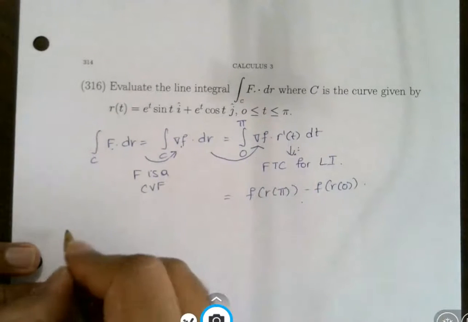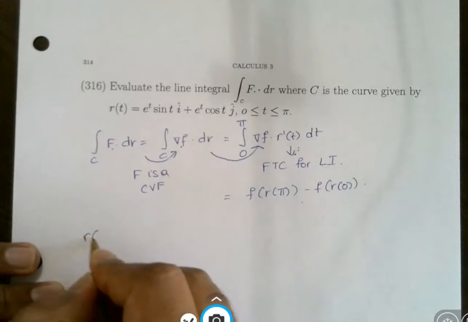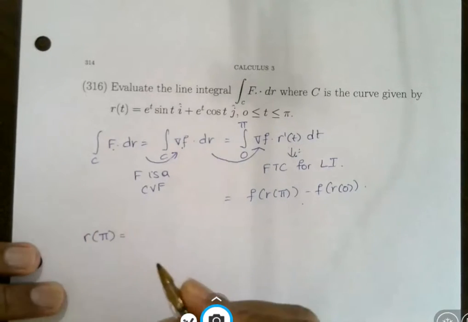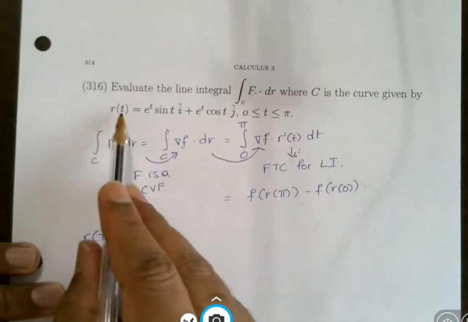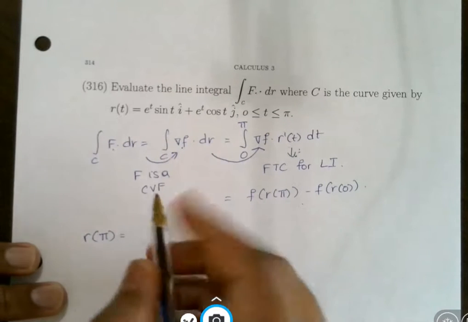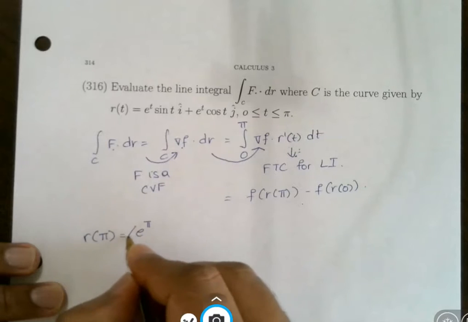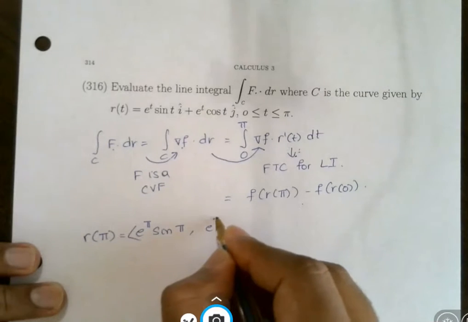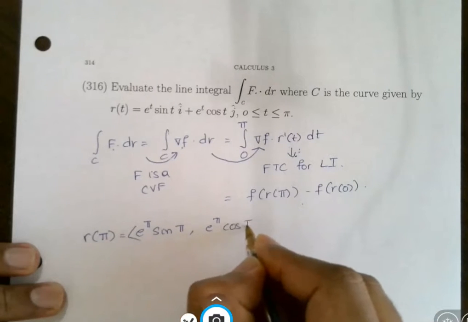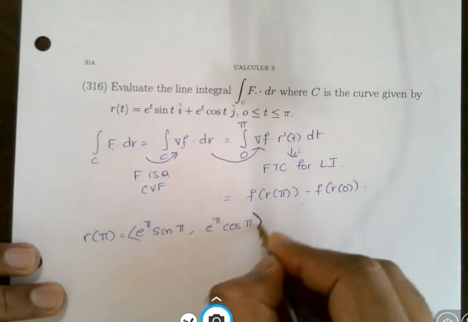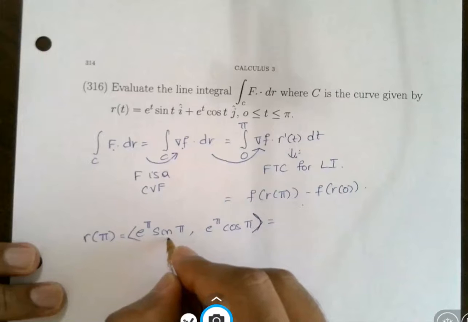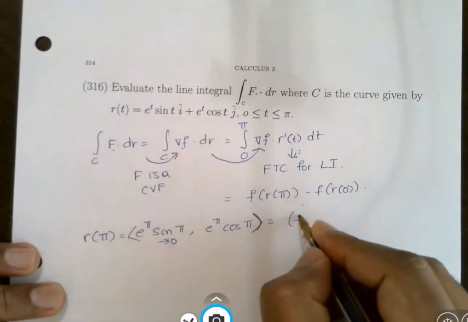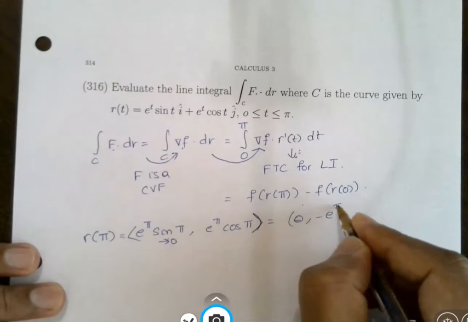That's all. So now, what is r of pi? Remember that r of pi is going to be e to the pi sine pi, e to the pi cosine pi, and sine pi is 0, so that's going to be 0 and negative e to the pi.